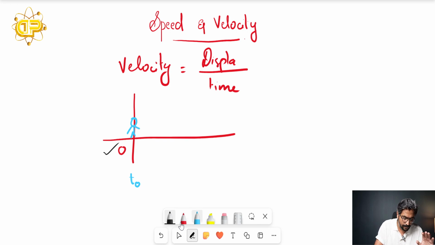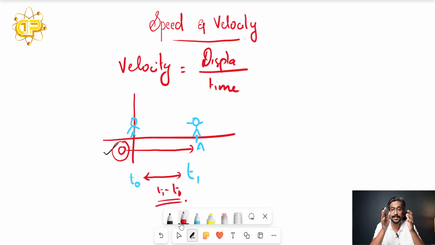Now at time t1, this person has displaced or reached this particular position. The position of the person has changed from O to A in the time interval t1 minus t0. So within that time interval, the difference in position gives you the displacement. And the change in displacement per unit time is nothing but velocity.